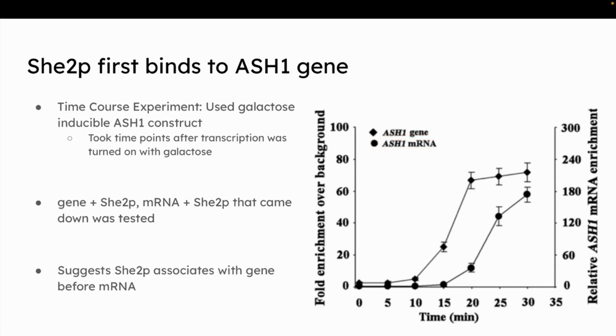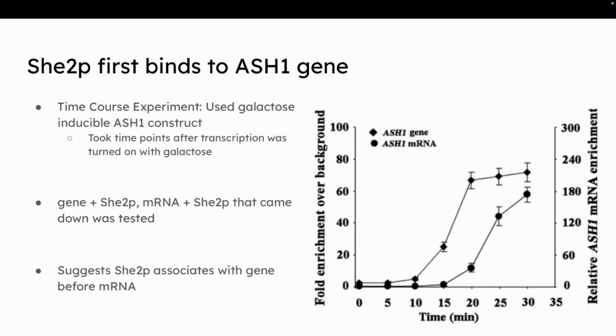And so what they found was that it actually binds to the gene first. You see this? It binds to the gene first. And then, after a while, it starts binding to the mRNA, right? And even with the mRNA, a lot of this is also still the gene. So this is very supportive. Look at that, that's a pretty big time difference. SHEP2 first binds to the ASH1 gene.